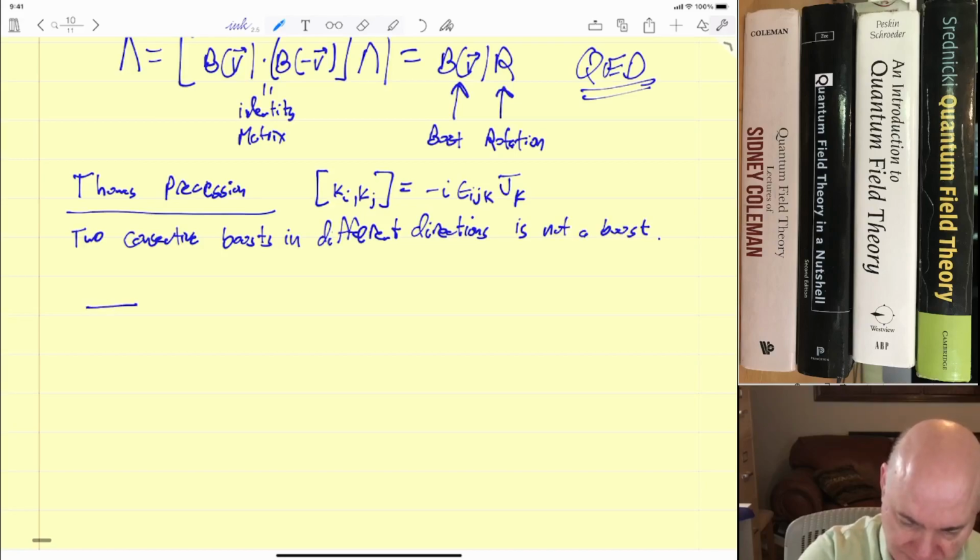If you boost in this direction and then in this direction, it's not a boost in this direction. Wrong. It's a boost plus a rotation.